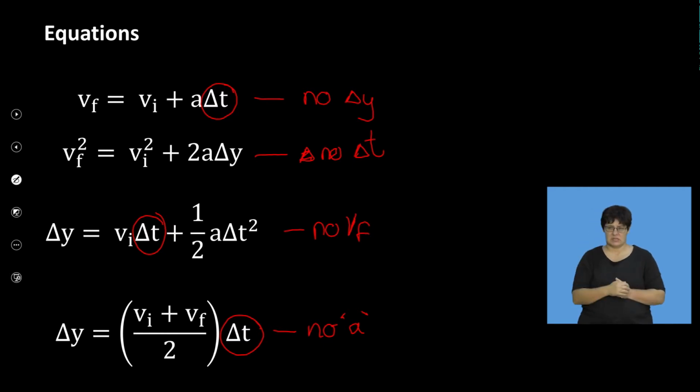So if I knew VF, and I knew VI, and I knew A, then I know I can use the first equation. But say I didn't know VF. Then I know I can't use that equation. Then I've got to look at another equation, and I can come down to this one and go, well, do I know delta y? I know vi, I know a. I can use the third equation.